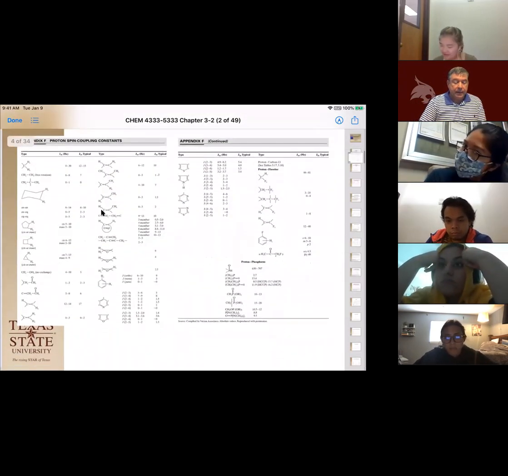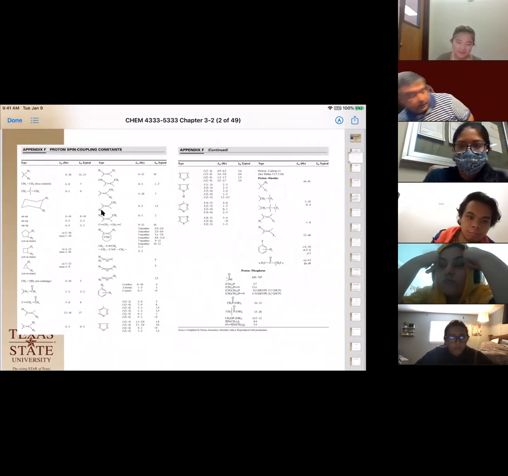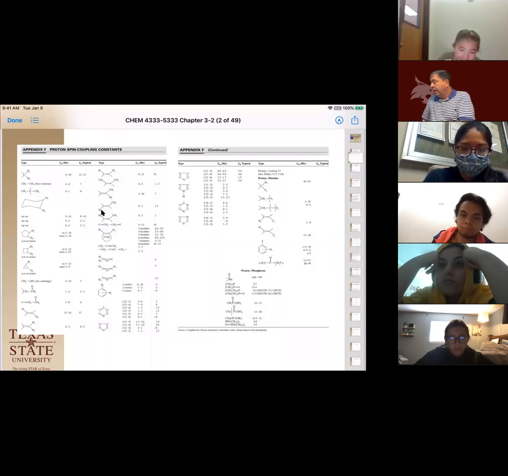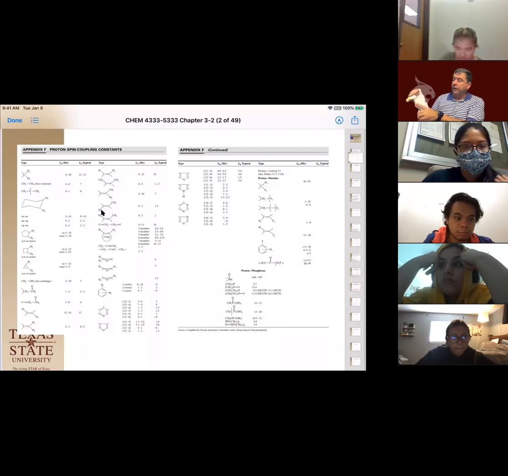So there's a big table of these coupling constants. If we look at that, it's Table F, Appendix F. Now, the things they list in this appendix are the typical coupling constants.